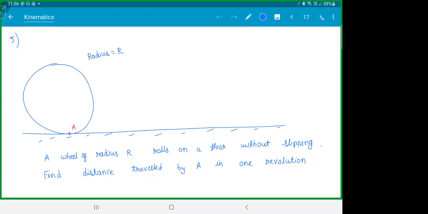So what am I asking? I'm sure everyone studied this part. In one full revolution, the center of the wheel travels 2 pi r. I hope everyone knows that concept, right? We have done that in vectors also.